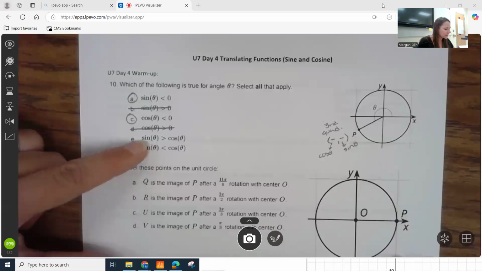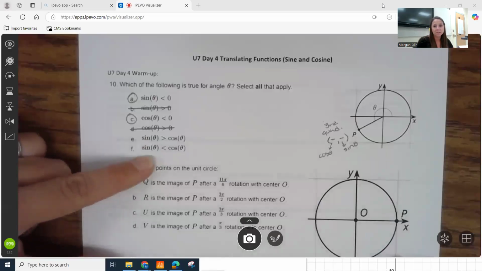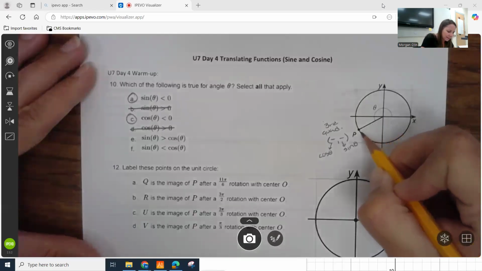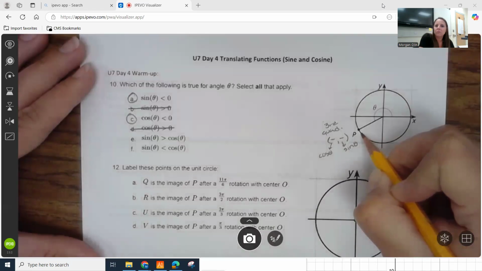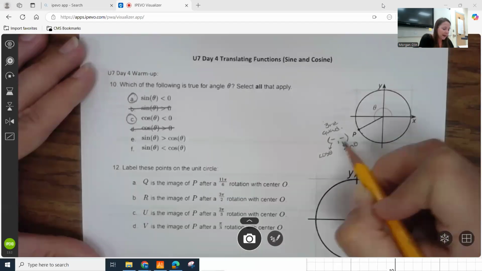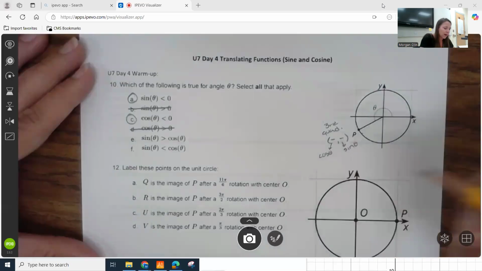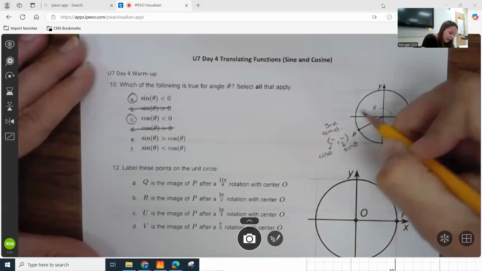Now, the question is, is sine bigger or is cosine bigger? Let's look at where this is. Do you see it doesn't quite lie in the center? The center would be right here, the point for a 45, 45, 90 degree triangle, so it'd be negative square root of 2 over 2, negative square root of 2 over 2, which would be the same.